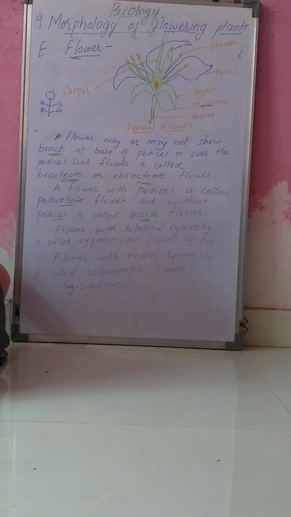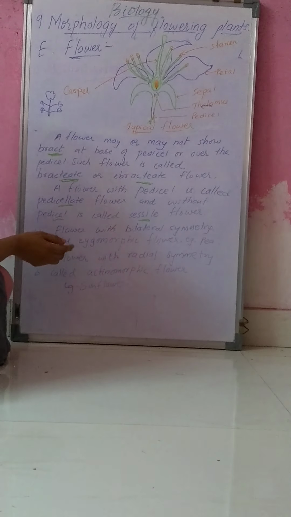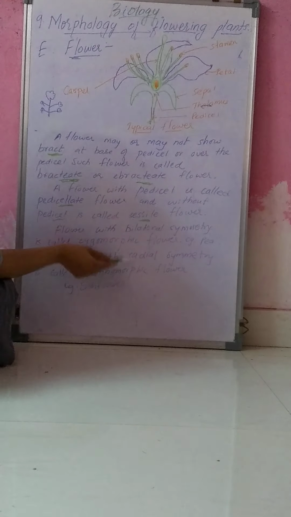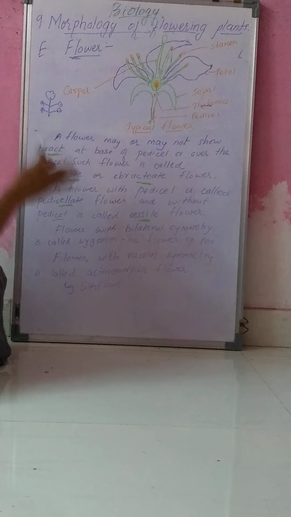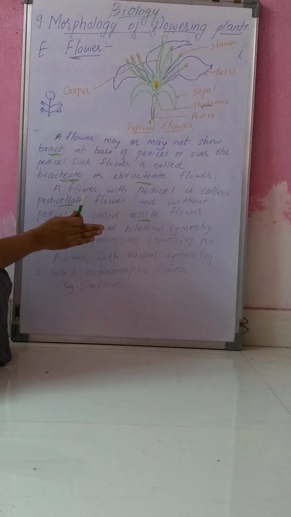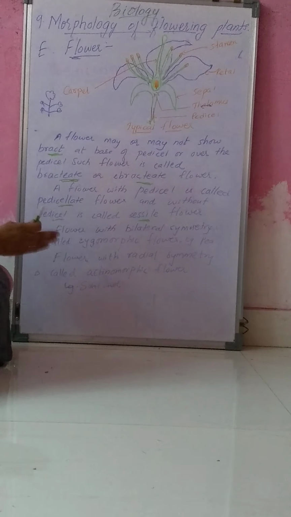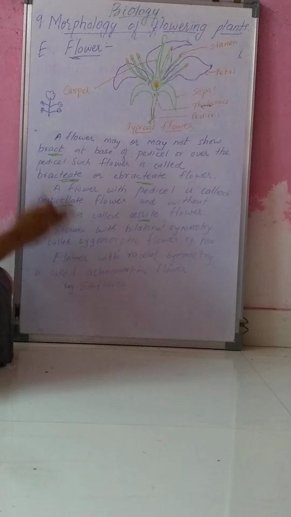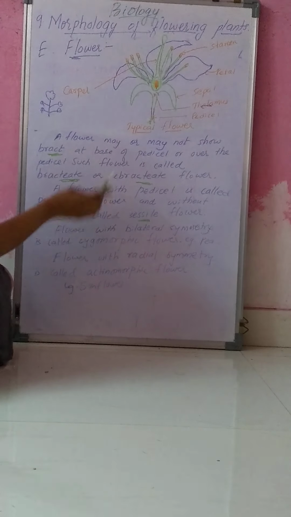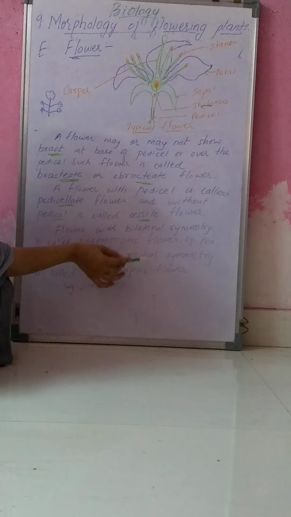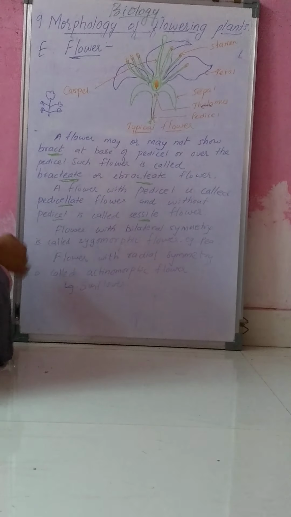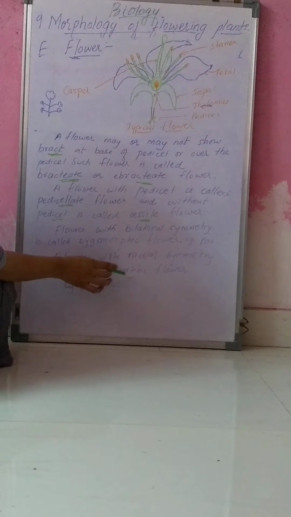Example is pea. But if the flower is with radial symmetry, it means we can cut from any part of the flower into two equal halves. If we cut a flower from any part into two equal halves, that type of symmetry is known as radial symmetry, and that type of flower is known as actinomorphic flower.